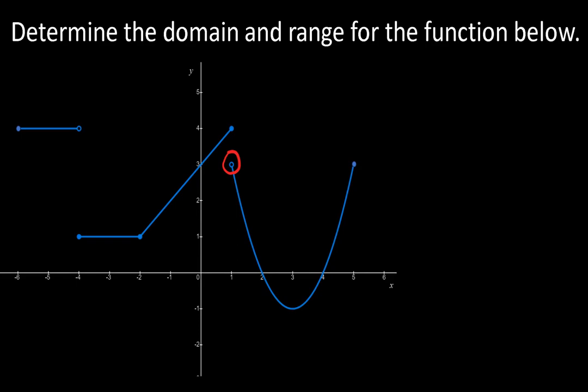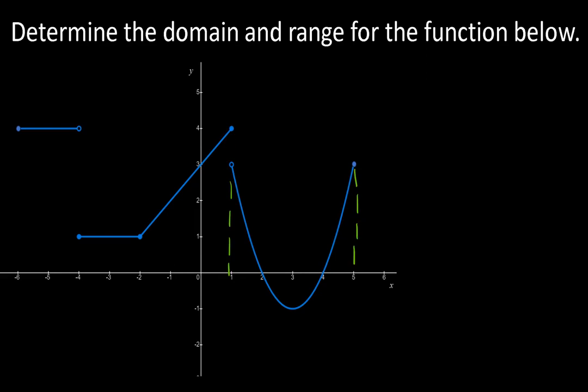Now some might look at this open point right here when x is equal to 1 and say, well, 1 cannot be included in my domain because there's an open hole. But if we look right above that open hole, when x equals 1, there is a closed hole. So that means that my graph does touch x equals 1. So let's continue on.